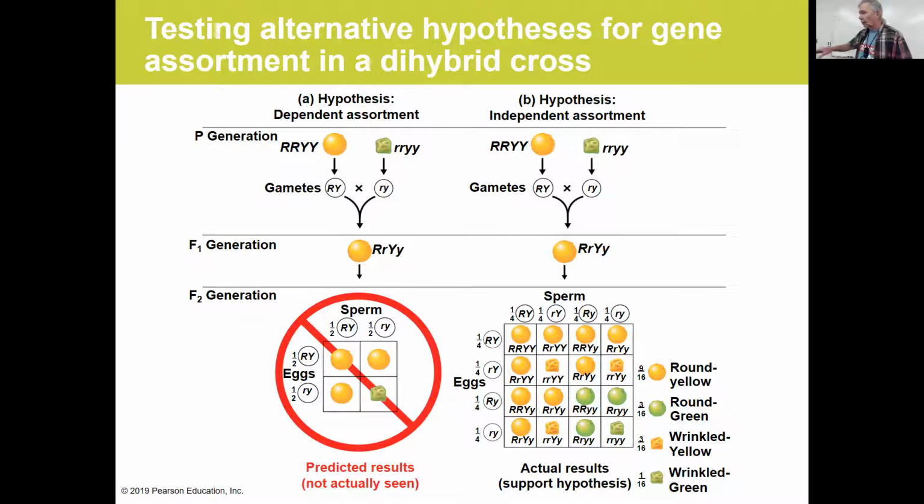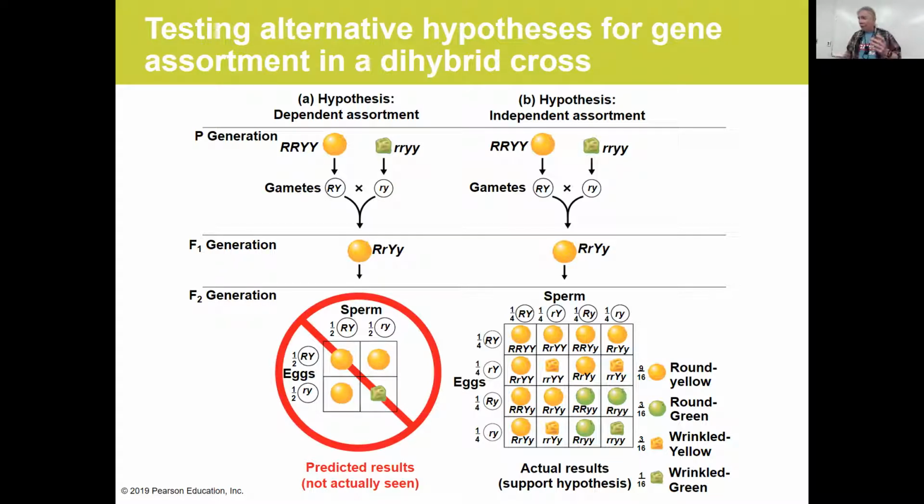Let's first look at the hypothesis of dependent assortment on the left. We're looking at yellow seeds versus green seeds, and smooth seeds versus wrinkled seeds. So in a dihybrid cross, a genotype is 4 letters, right?